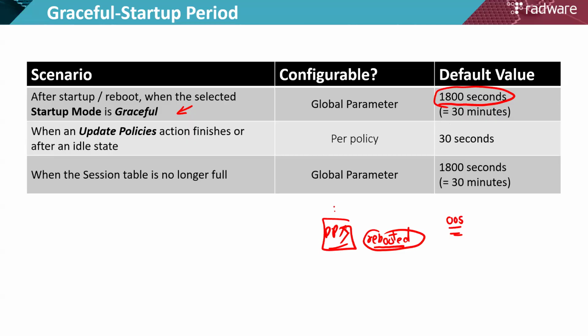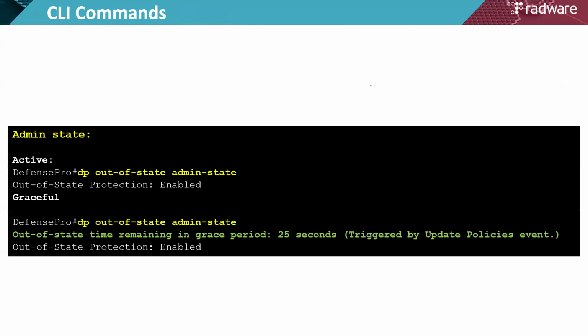Only after 30 minutes will we start checking whether we are receiving out of state packets. So the global startup mode is graceful. We wait for 30 minutes to make sure the packets we are receiving are learned. That is your graceful period, and it is one important feature. With this, you can reduce the false positives.